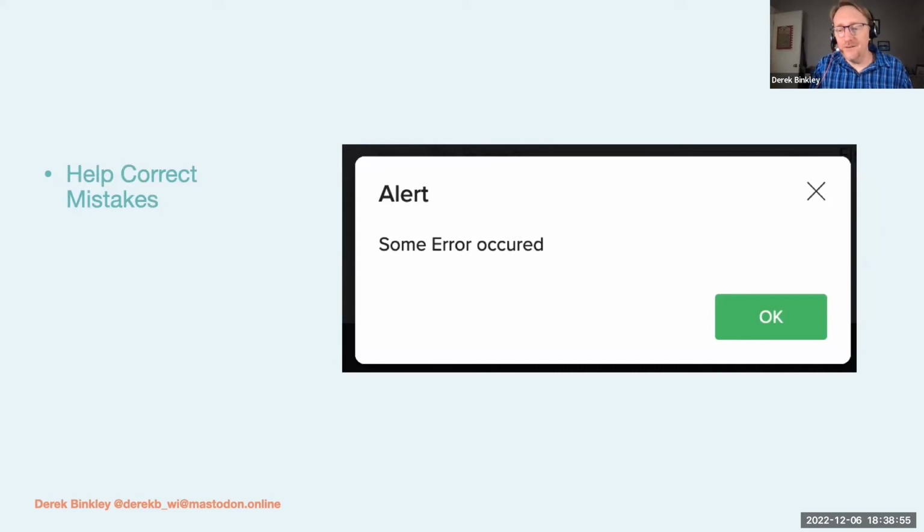But helping the users correct their mistakes is really important, because they're going to make mistakes. And this is actually an error that I got. I can't remember where, but I had no idea what to do with that.